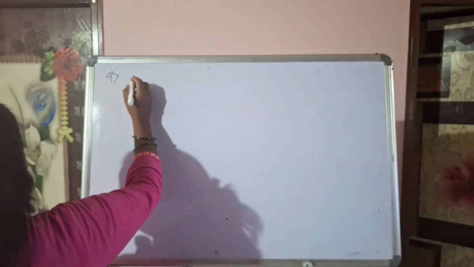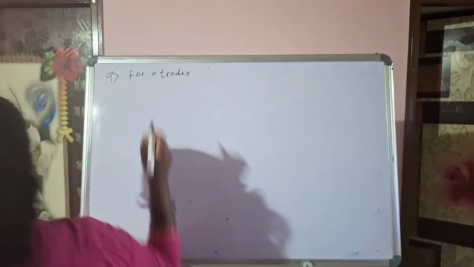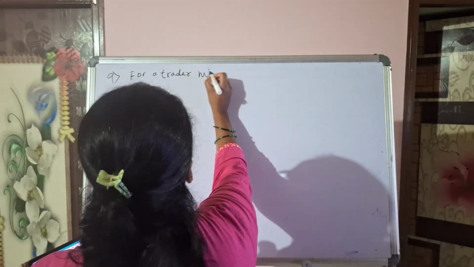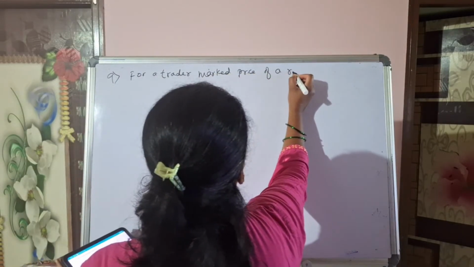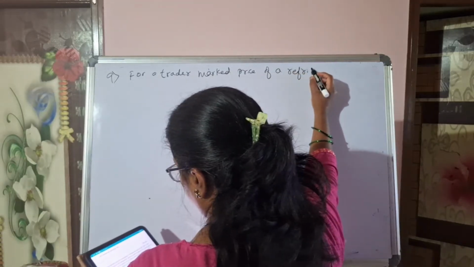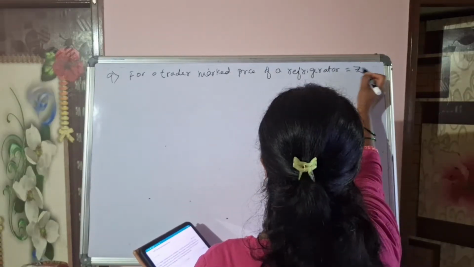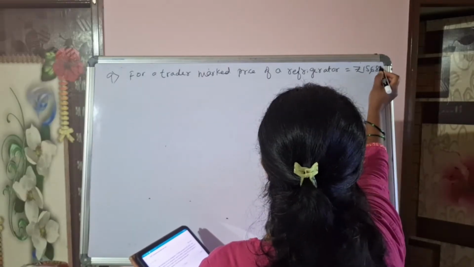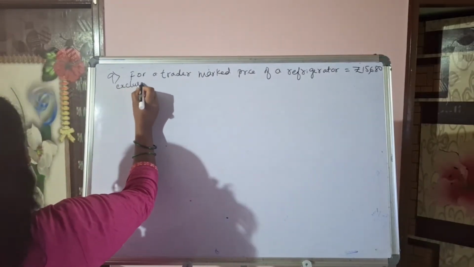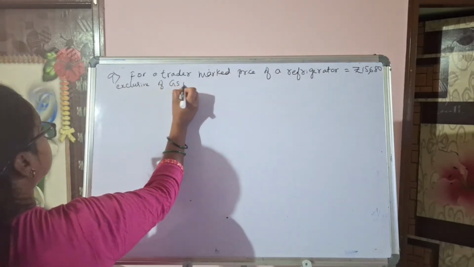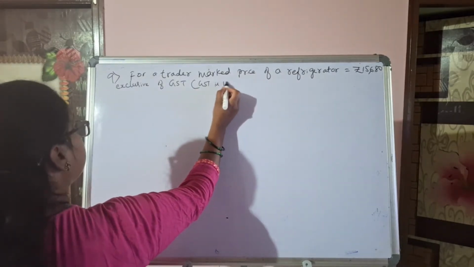The last question is, for a trader, market price of a refrigerator is equal to rupees 15,680 exclusive of GST. GST is 12%.